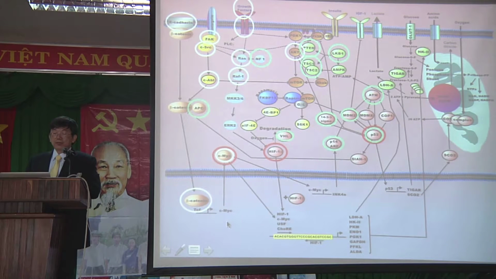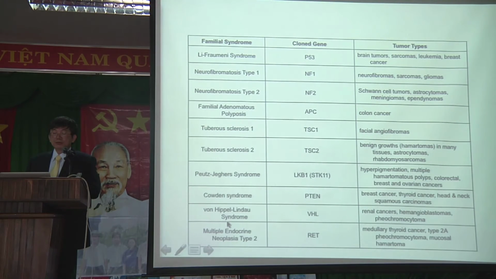So how do we know that? Because there are many genetic syndromes that are associated with genomic mutation of these genes in a familial way. Okay?